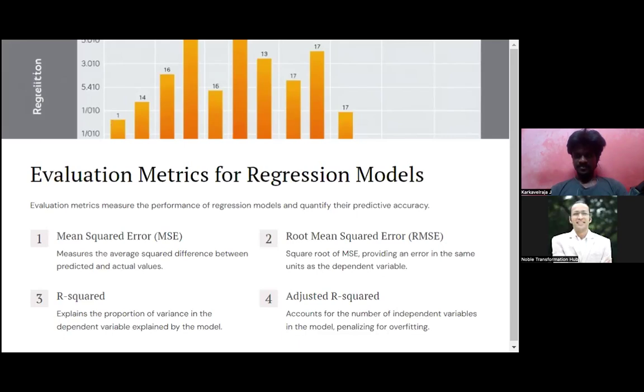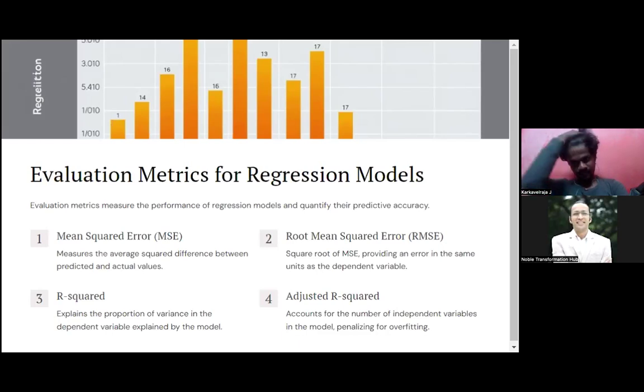RMSE is the square root of MSE, and it provides an error in the same units as the dependent variable.